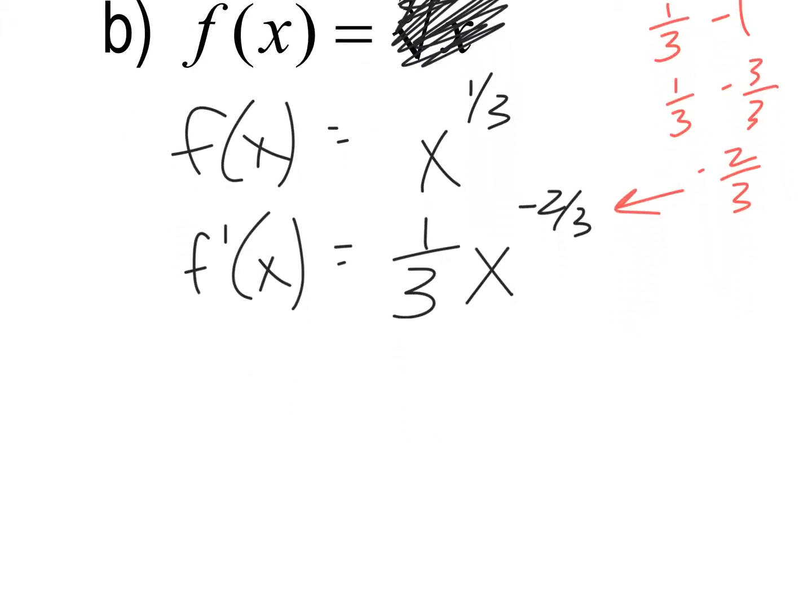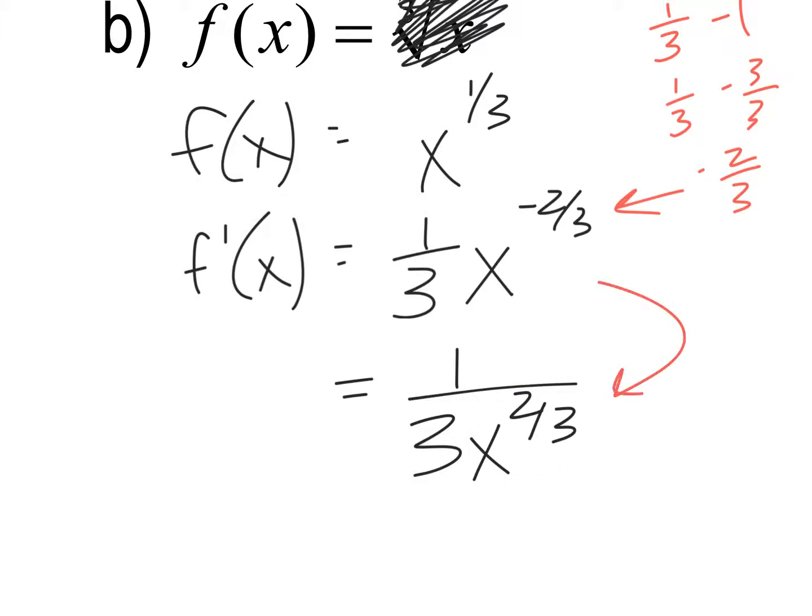Okay, just know that this is the same exact answer: 1/3 times x to the negative 2/3. Remember how a negative exponent does not make your answer negative. A negative exponent means that whatever the exponent is on goes into the denominator. So these two things are equal, the same exact way of writing it.